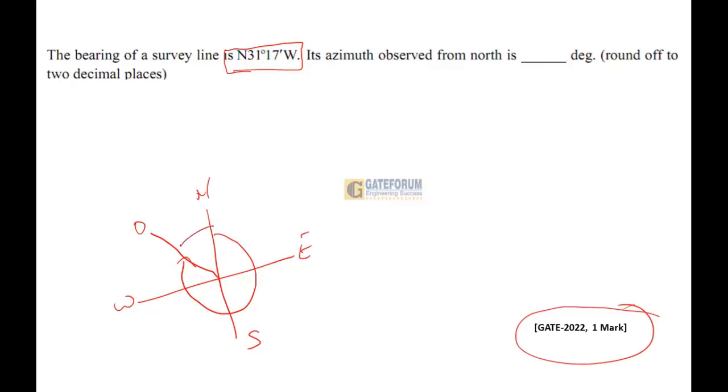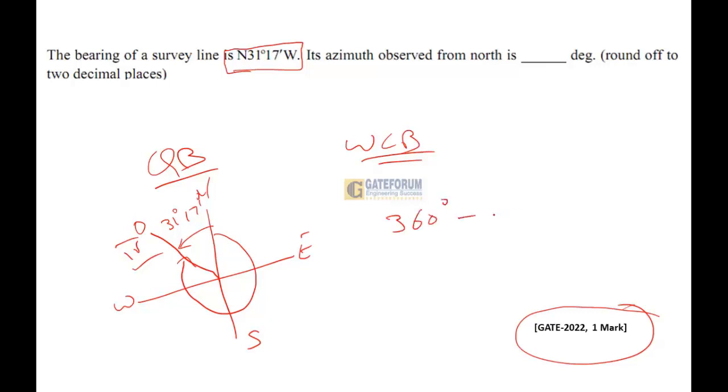From north, it is 31 degrees 17 minutes, in the fourth quadrant. Northwest is the fourth quadrant. Let me convert this QB, the quadrant bearing system, into the whole circular bearing system. So 360 minus theta, whatever the angle is: 360 degrees minus 31 degrees 17 minutes.